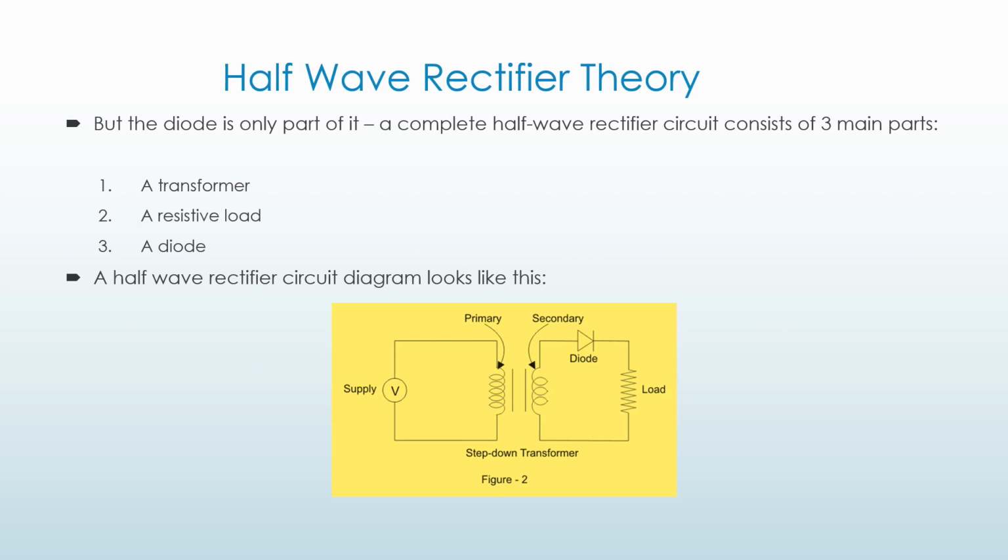A complete half-wave rectifier circuit consists of three main parts: a transformer, a resistive load, and a diode. A half-wave rectifier circuit diagram looks like this.